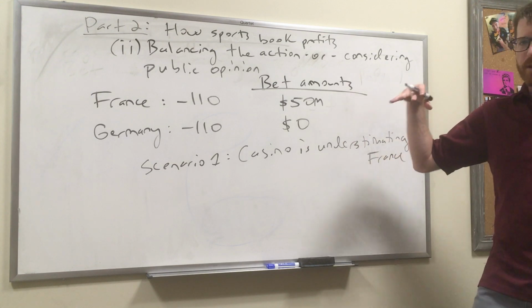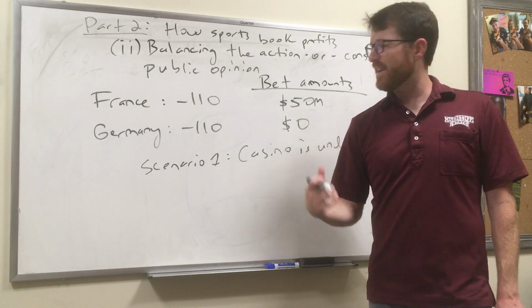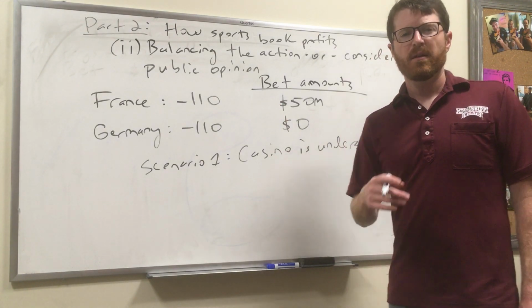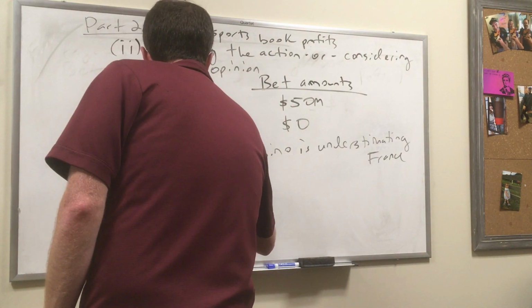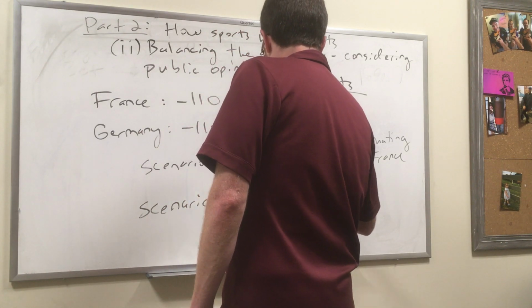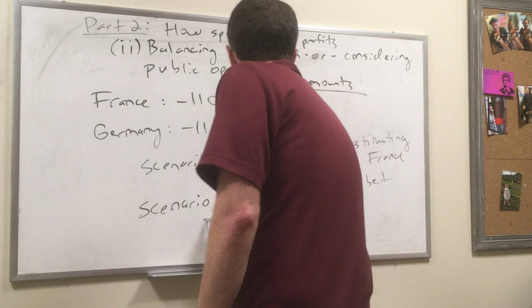Maybe France is a lot better than Germany, and the casino has made a mistake with its line here. Okay, that's one possibility. But another possibility that the casino runs into way more frequently is, for whatever reason, the public just wants to bet on France.